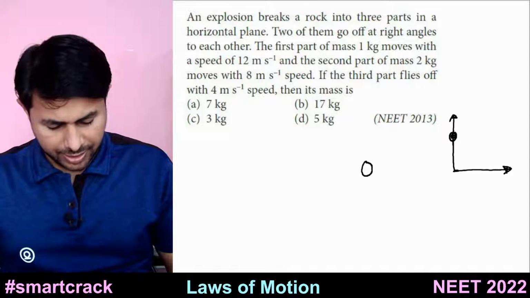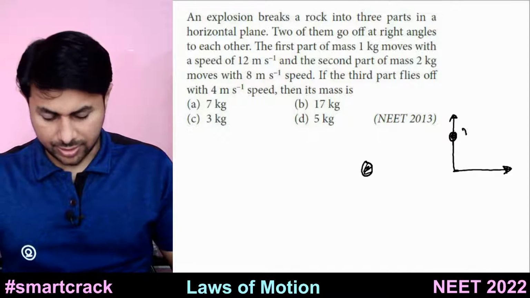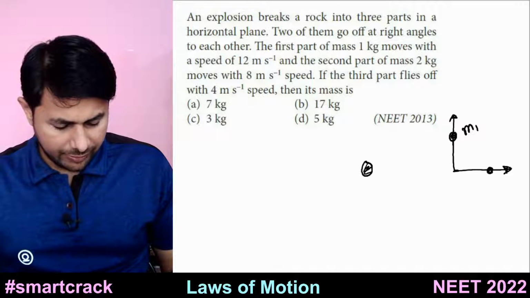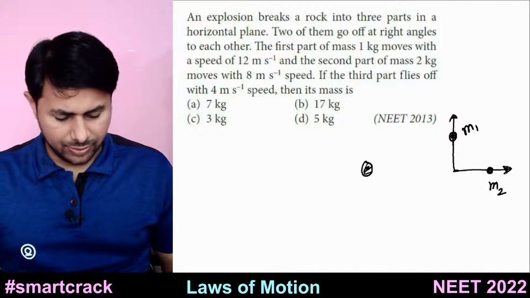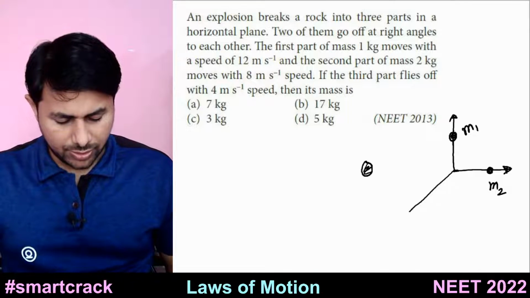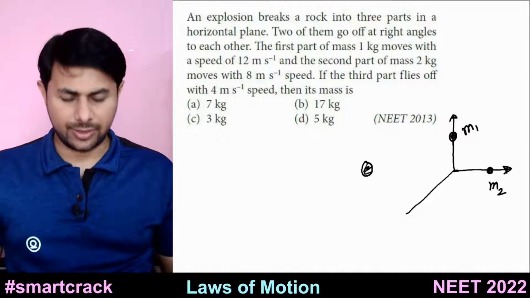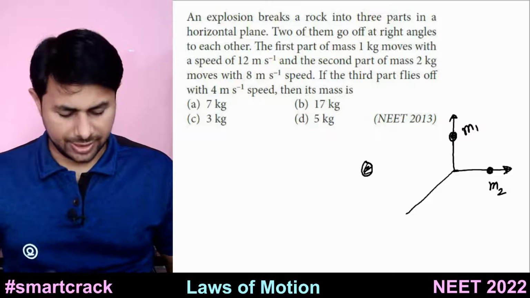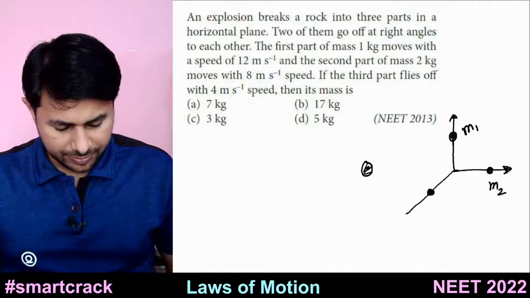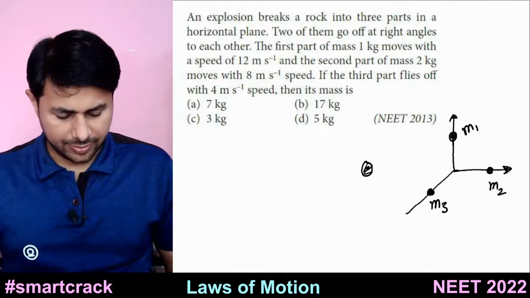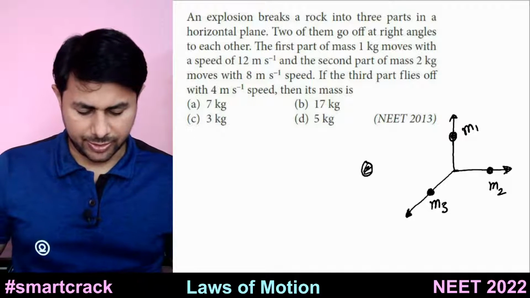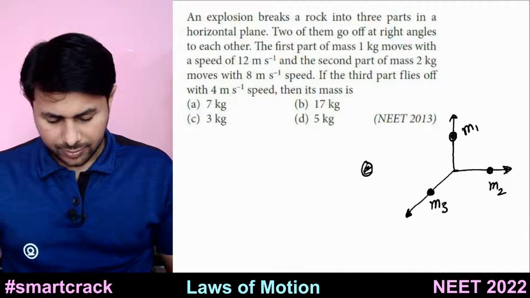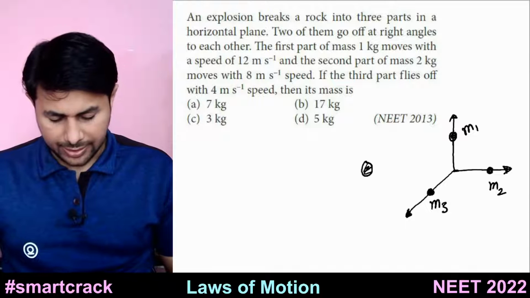So this is one piece of this rock of mass m1. This is another of mass m2. So third one should go something like this. Its angle can be different, it depends on the components. m3, it goes like this, let's suppose.